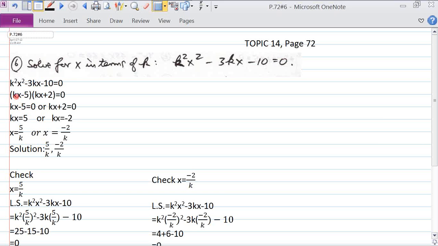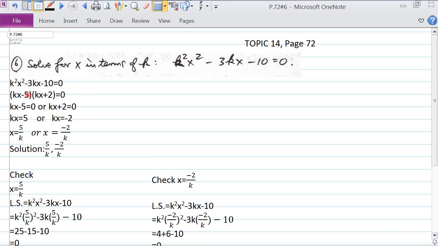So let's go over that. Kx times kx gives me k squared x squared. Minus 5 times plus 2 gives us minus 10. Minus 5kx plus 2kx gives us minus 3kx. We're using FOIL, and the combination of the inner and outer term have to give us minus 3kx.